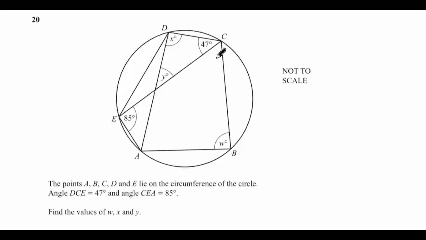So angle X and angle W should add up to 180 degrees, because opposite angles of any cyclic quadrilateral are supplementary. That is the point you can take from this inspection.